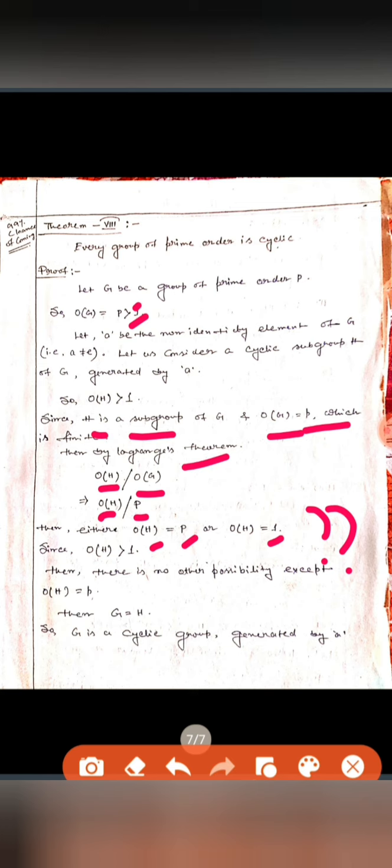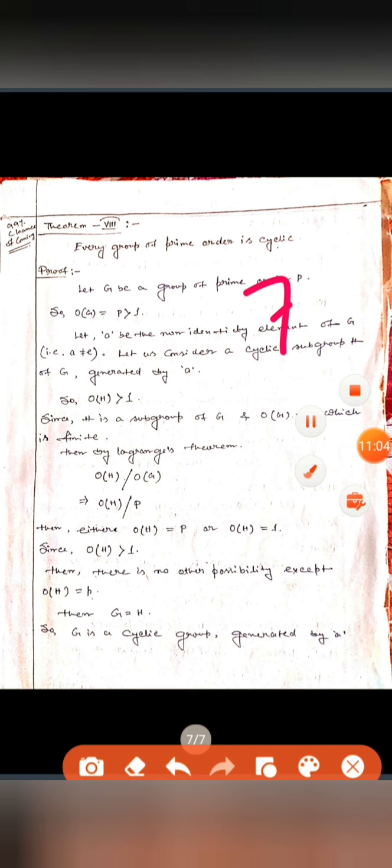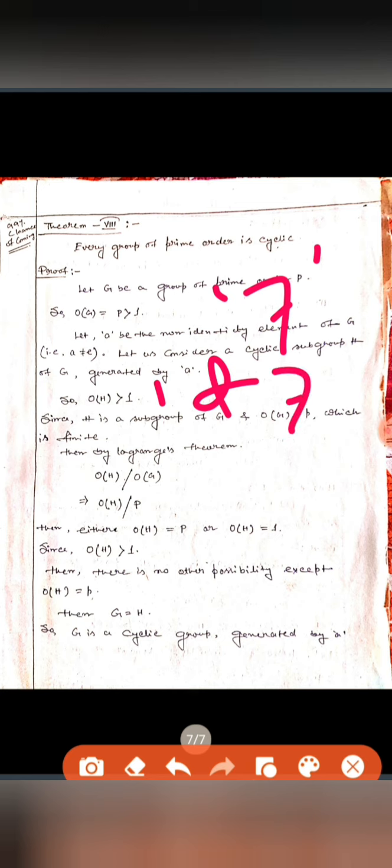We have already taken the example of 7. 7 is a number which is divisible by 1 and itself, that is 7, and this is the main definition of a prime: any prime number is divisible only by 1 or itself.